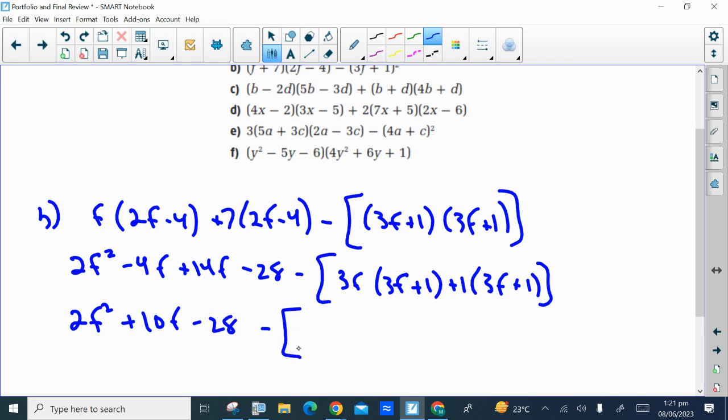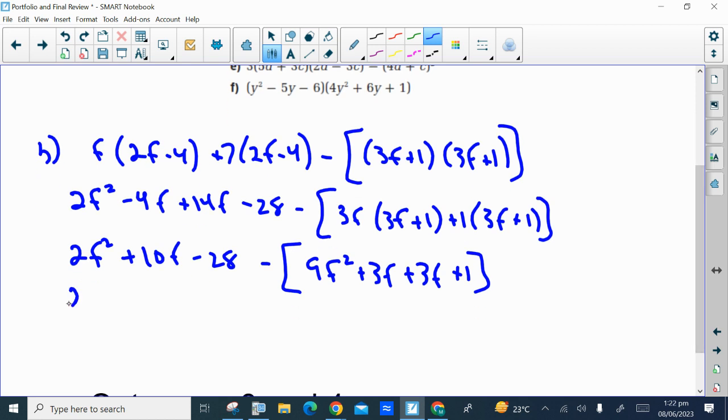Minus. When I multiply these out, I'll have 9f squared plus 3f plus another 3f plus 1. And now, when I collect my like terms here, I'll get plus 6f plus 1.